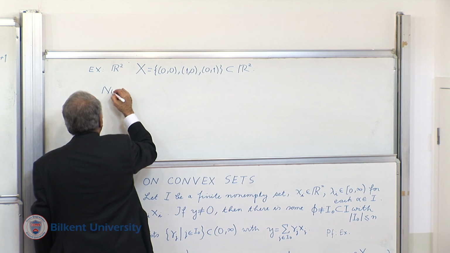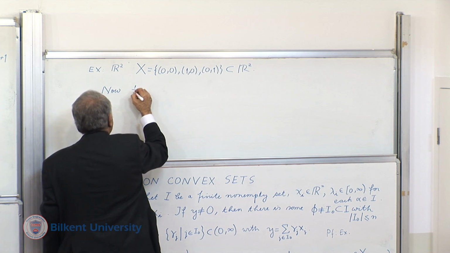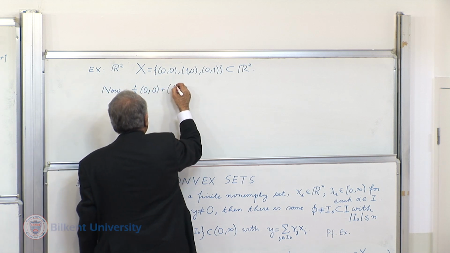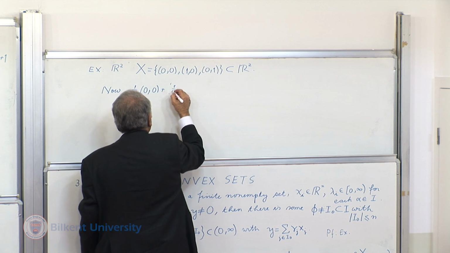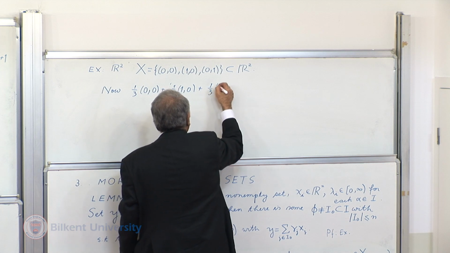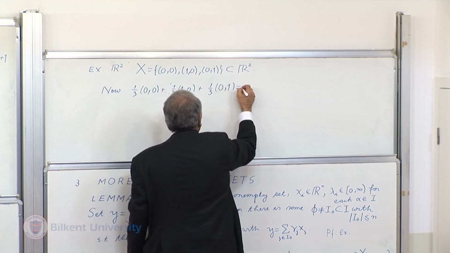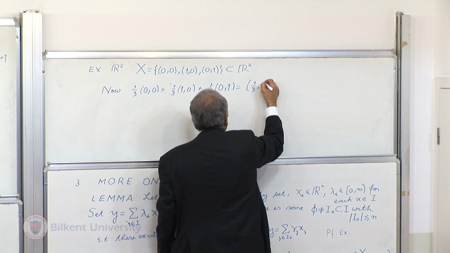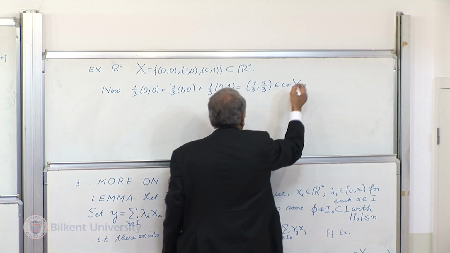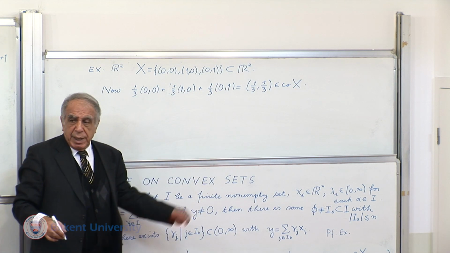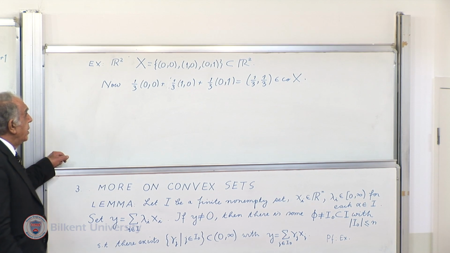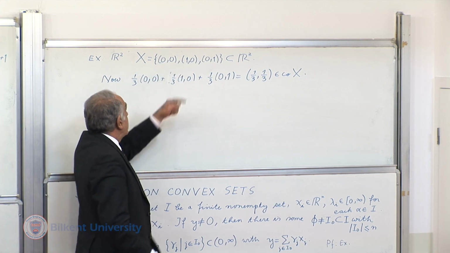Now, 1/3 (0, 0) plus 1/3 (1, 0) plus 1/3 (0, 1). This is (1/3, 1/3). This belongs to convex hull of x. It's a convex combination of this. Now let's take this and this.